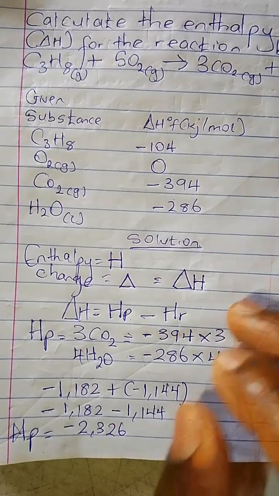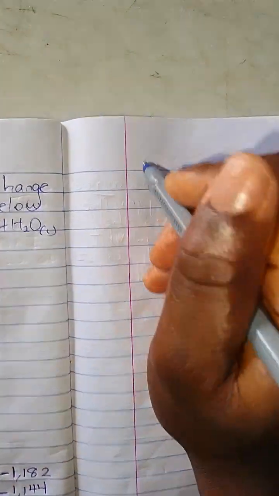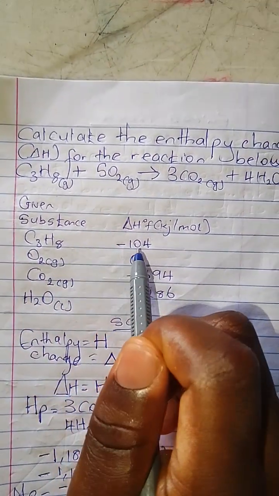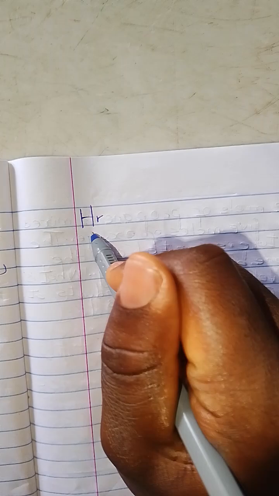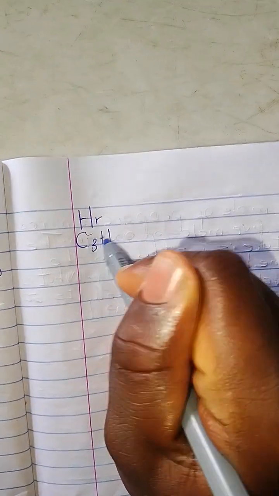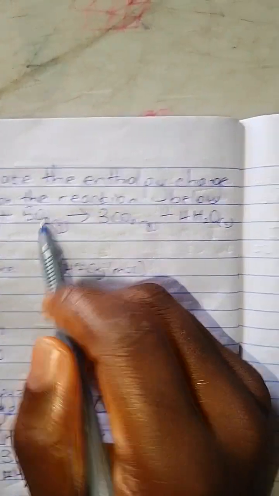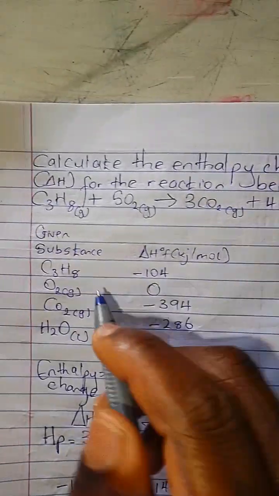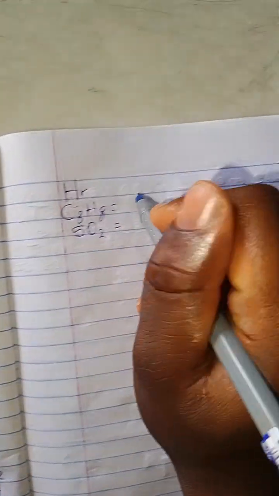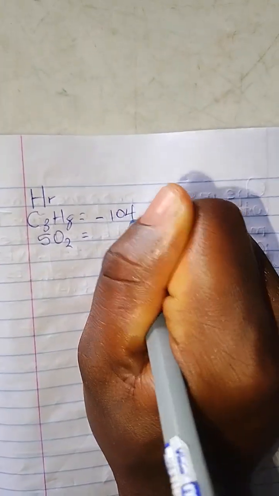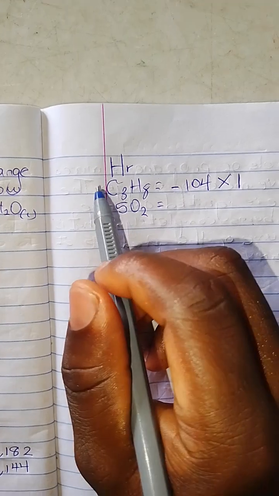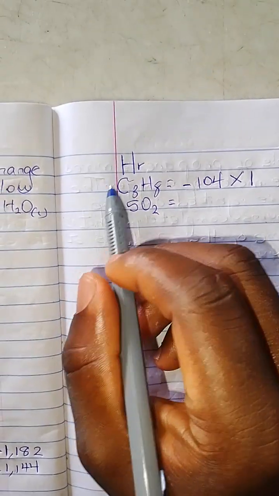Now let's quickly look for our heat of reactant. What are the reactants? Propane and oxygen. You can see propane here is minus 104. So we have C3H8 and 5 moles of oxygen. For C3H8, which is propane, we have minus 104 times 1, because when there is nothing there, we write 1.